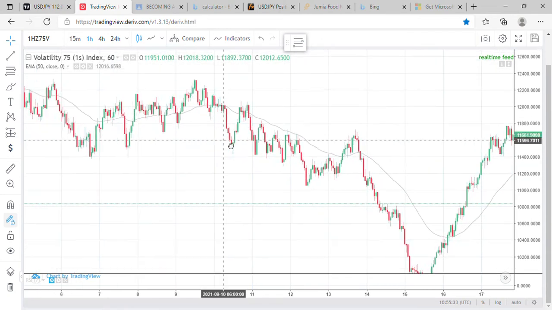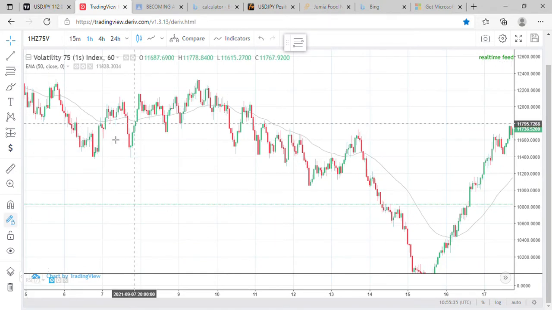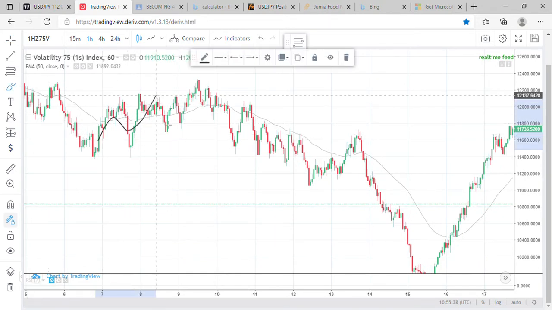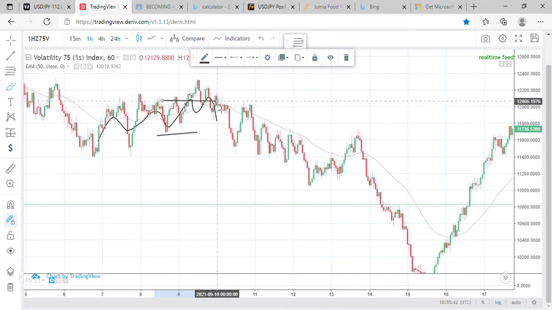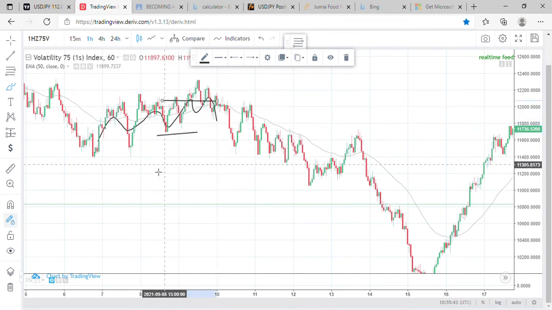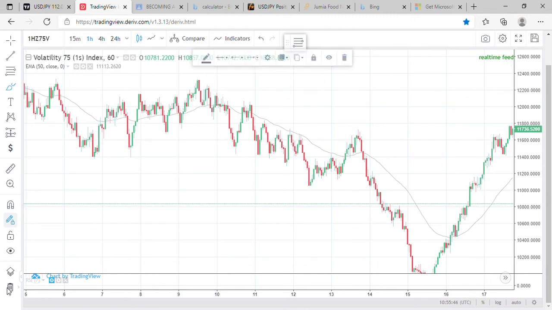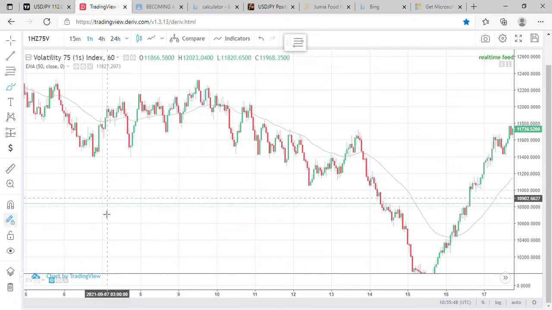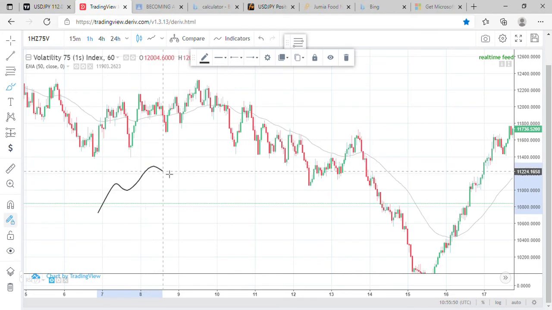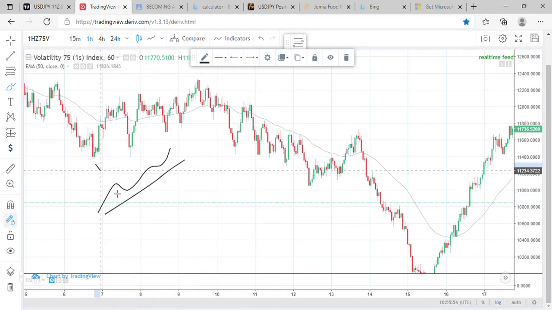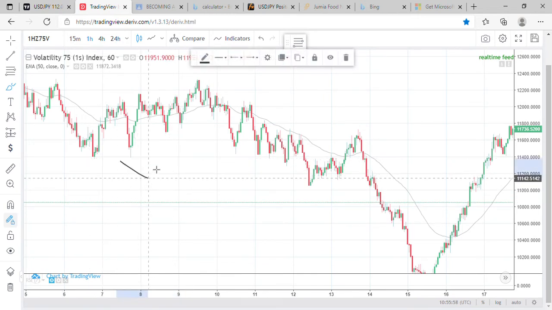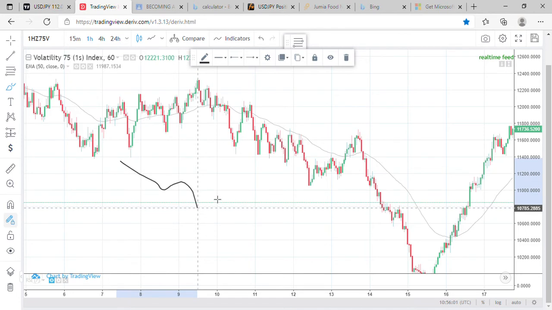Now, when you see price dancing around your moving average like this, it can be a boring market if your profit target is not a close one. So the three basic structures are somewhat like this. For your bullish market structure, your moving average is going to be below price. For your bearish market structure, your moving average is going to be above price.